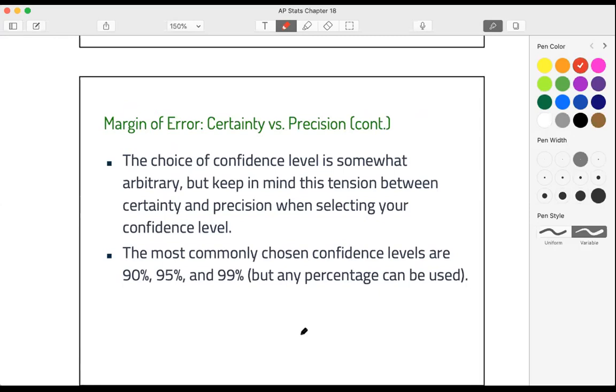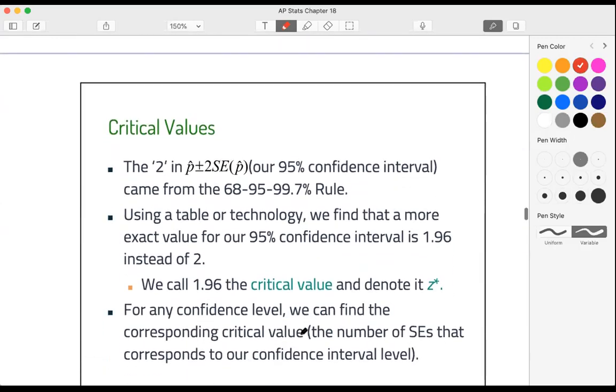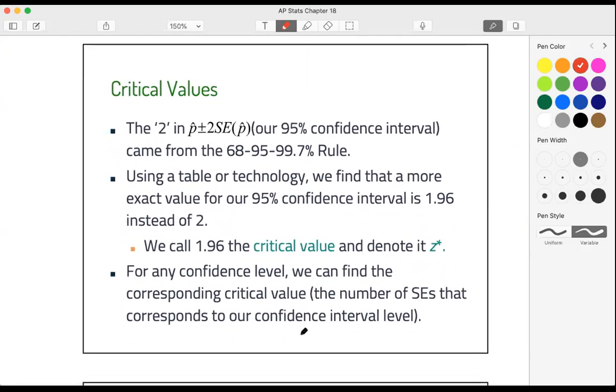The most commonly used confidence levels are 90, 95, and 99%, but any percentage can be used. Now, where did these come from? Well, the 2 in front of our standard error actually comes from the 95%. Remember, that corresponds to the 68, 95, 99.7 rule. This is 1 standard deviation, 2 standard deviations, and 3 standard deviations.